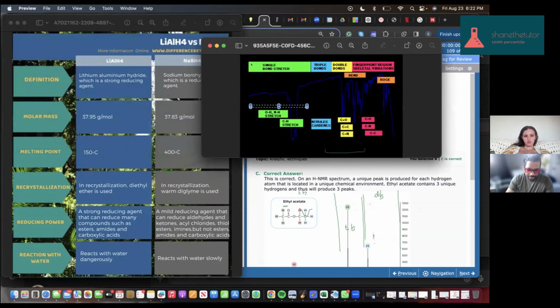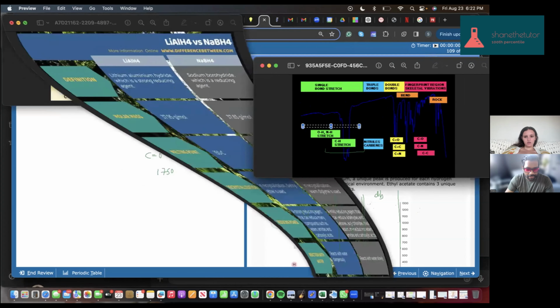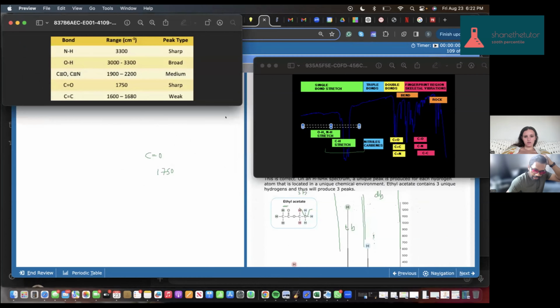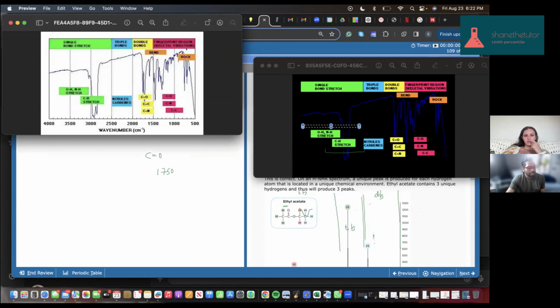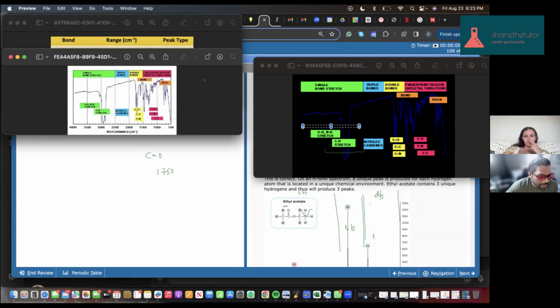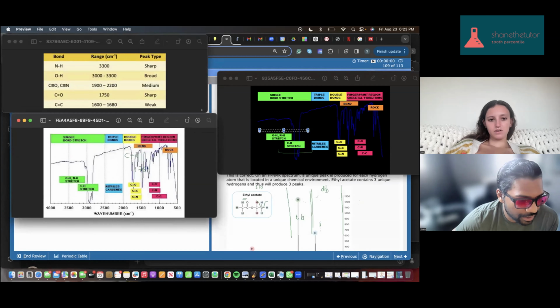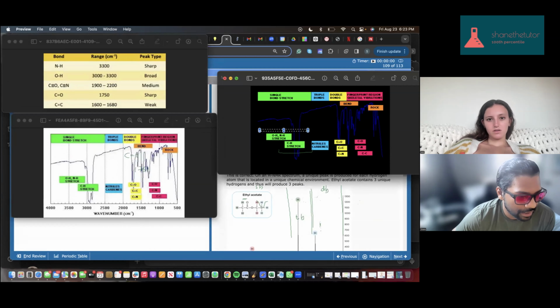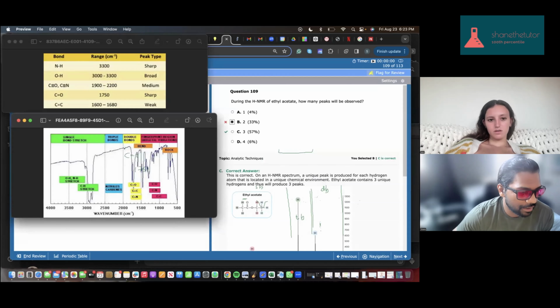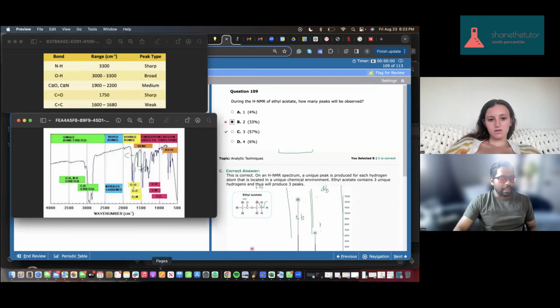Yeah, that's because it's a transparent background. I just sent another one. So here you have your fingerprint region, double bond region in yellow, triple bond region, and single bond stretch.